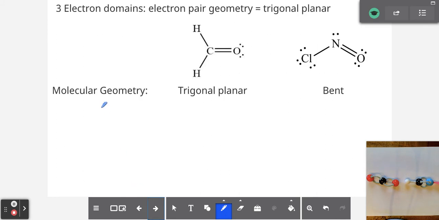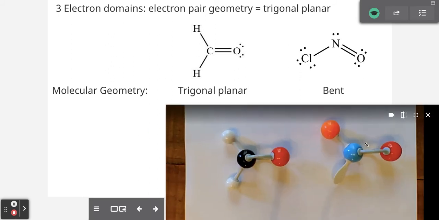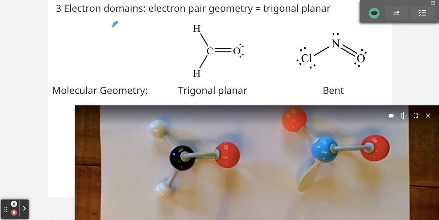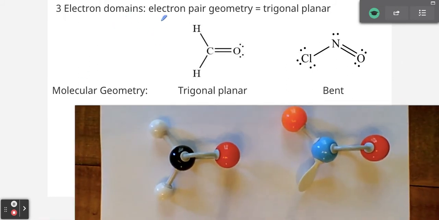Moving on, when there are 3 electron domains, let's talk about CH2O and NOCl, which I'll flip like this. If there are 3 electron domains, the electron pair geometry is known as trigonal planar. And we can count the electron domains here.